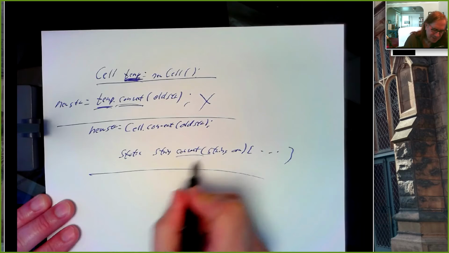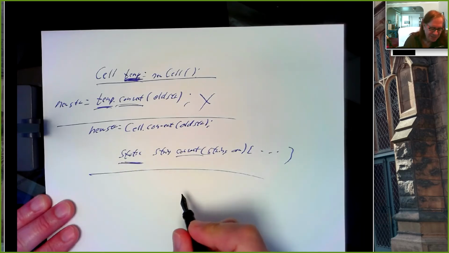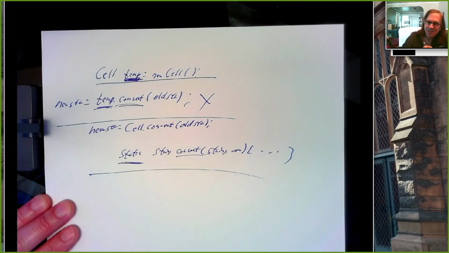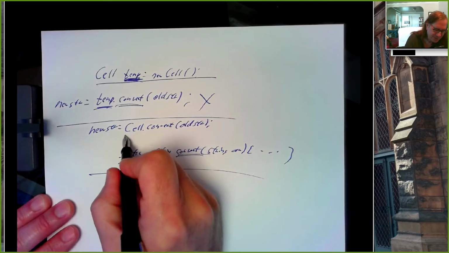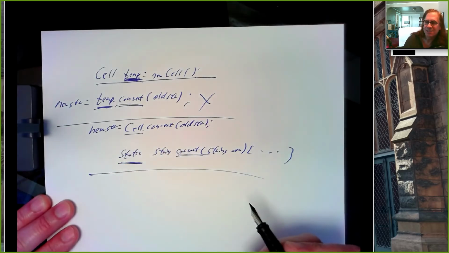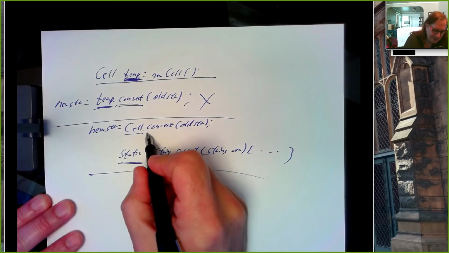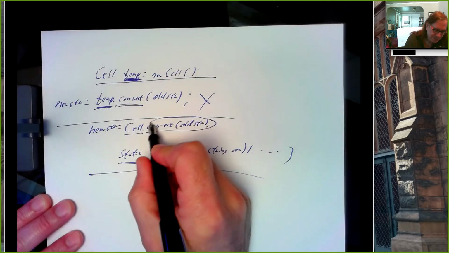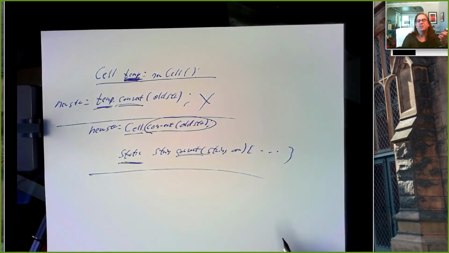So by making this method static, I'm saying I'm not going to use an instance of a cell to run this. I'm just going to use the name of the class itself. And so when this is running, there is no cell object that it's running inside of.